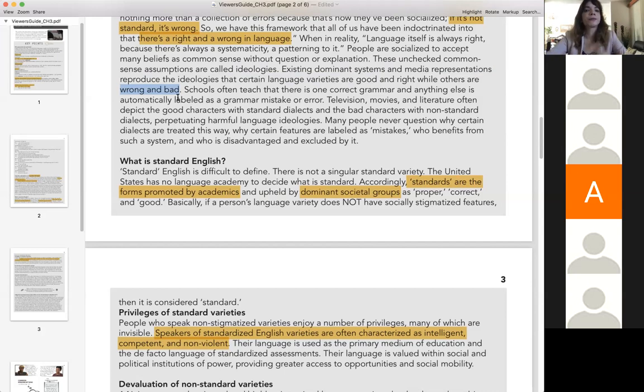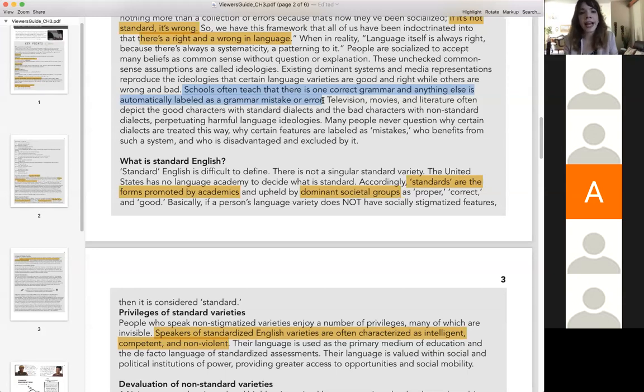Because it's written. So schools often teach that there is one correct grammar and anything else is automatically labeled as a mistake or error. But what you need to know is that this way of thinking is reductionist and not really inclusive. Rather, it's actually exclusive, and it's just promoting a group of people further and further and further.